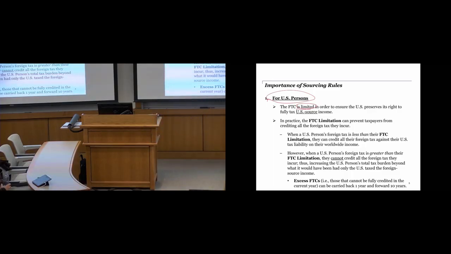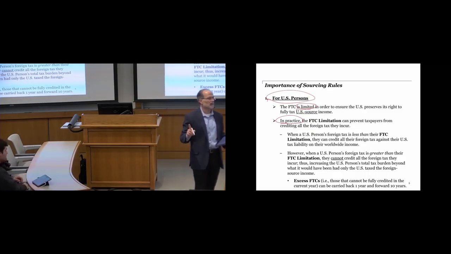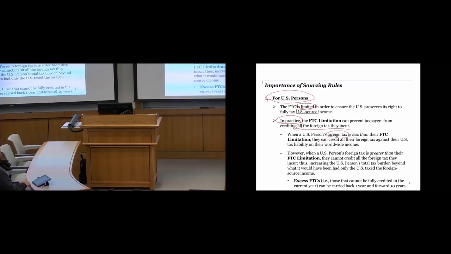So we have theory on foreign tax credit, and then we have practice, which we're going to start today. The FTC limitation can prevent taxpayers from crediting all of the foreign tax they incur. Okay? When the U.S. person's foreign tax is less than their FTC limitation, say I have a limitation of 100, but I pay tax of 75, I can credit all of the 75. I am crediting all of the foreign tax.